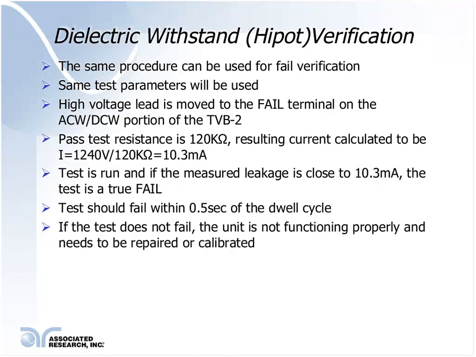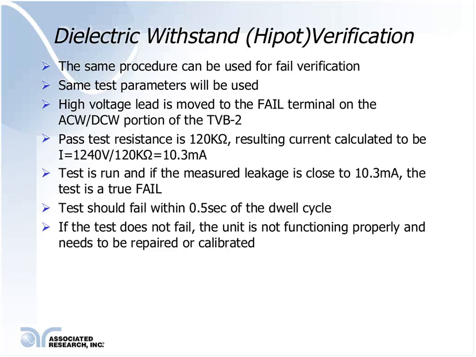So similarly, leaving all the other parameters the same as for the pass test, what we're going to do is connect the high voltage lead from the tester to the fail side this time of the TVB2 box, and then again we can use Ohm's law to calculate the resulting current, and it comes out to be 10.3 milliamps.